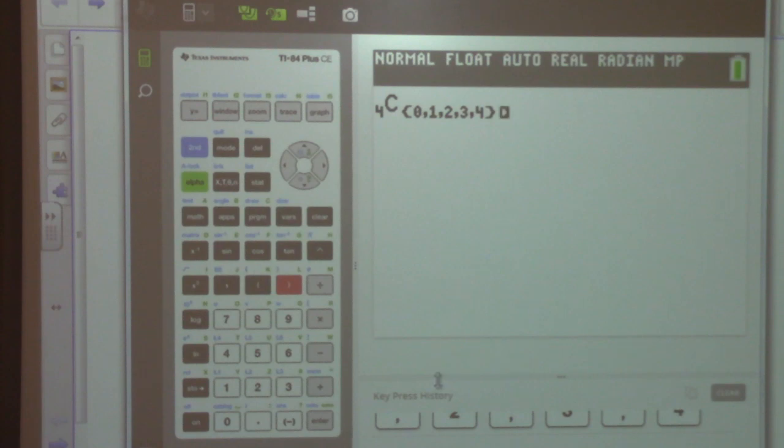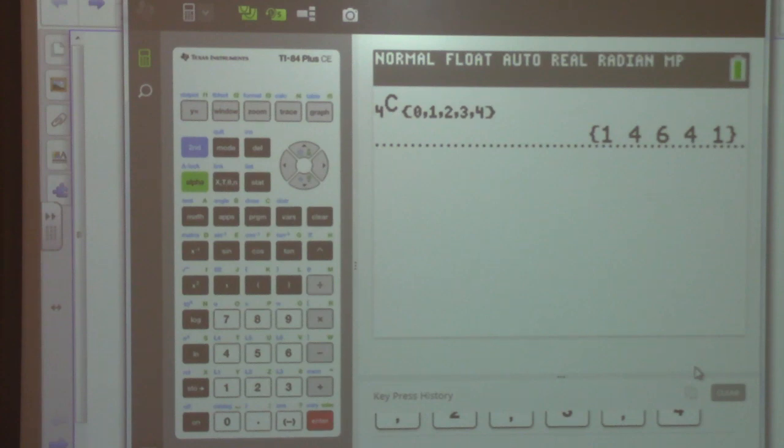Then press enter, and you get this. Is that what you got? So this is your succeeding pattern: 1, 4, 6, 4, 1.